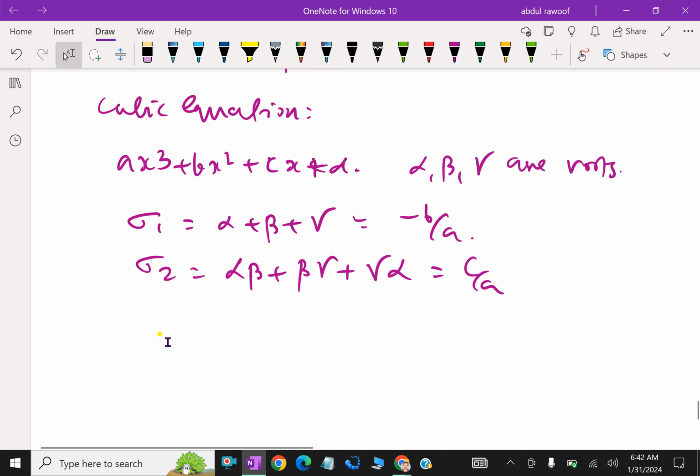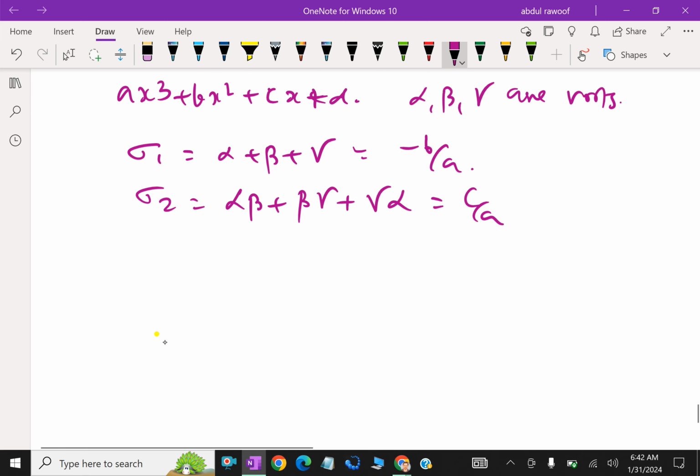Then sigma 3 is the product of the roots alpha beta gamma, which is equal to minus d by a.